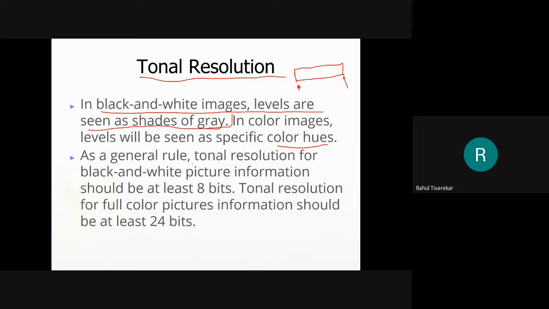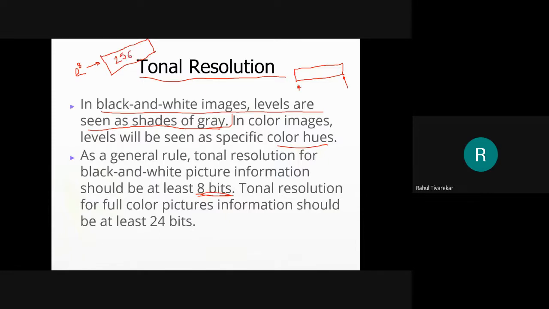So the general rule is that tonal resolution for black and white picture information should be at least 8 bits. The meaning of this is, if you have a black and white image, then to have a better image, you should use at least 8 bits to represent colors. So how many total colors can you have? You just count 2 raised to 8. Those many gray levels are necessary, and the number comes to 256.